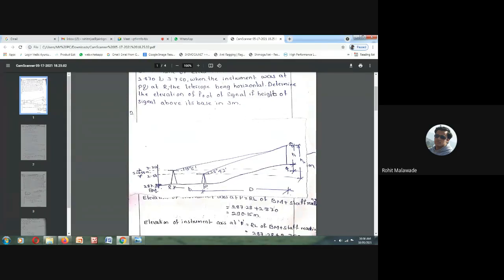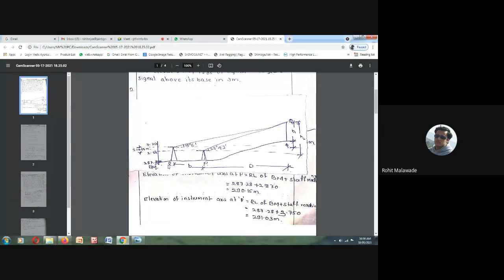Now, the elevation of the instrument axis at P, the line of collimation: how can we determine it? It is the RL of benchmark plus the staff reading. Here the RL of benchmark is 287.28 plus the staff reading 2.870, so the RL of the instrument axis at P is 290.15 meter. Is it clear?